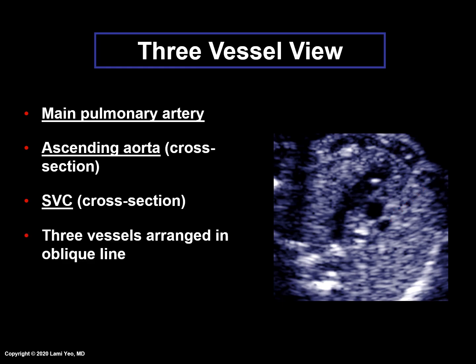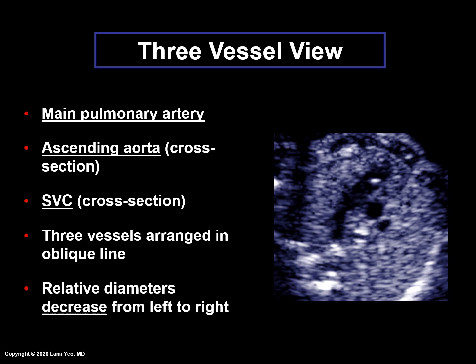The three vessels are arranged in an oblique line, with the pulmonary artery being the most leftward anterior vessel, superior vena cava being the most rightward posterior vessel, and the ascending aorta located in between. The relative diameters also decrease from left to right, with the pulmonary artery larger than the aorta and the aorta larger than the superior vena cava.